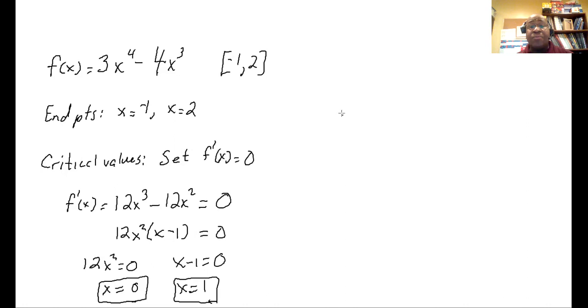So now what we're going to do next is take each of those values, -1, +2, 0, and +1, and test them against the original function.